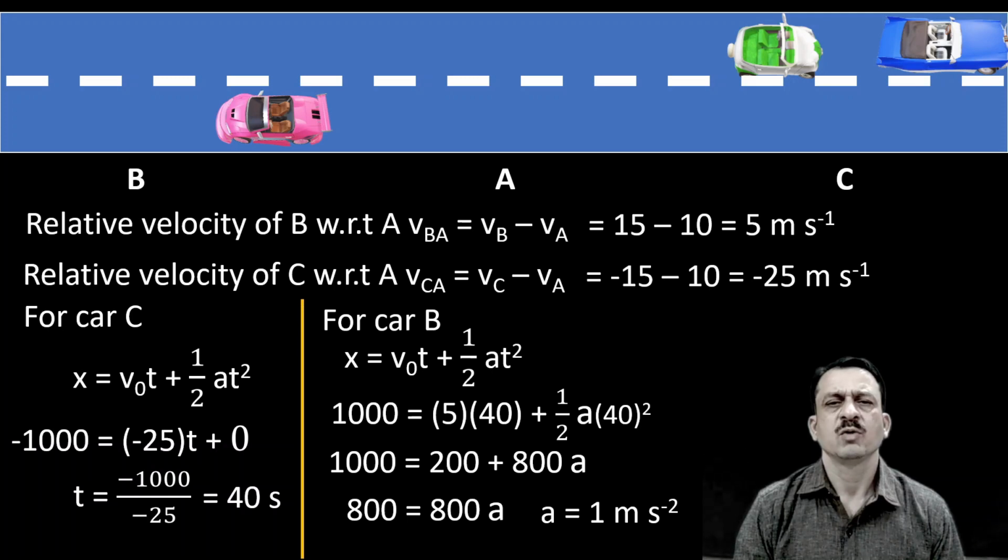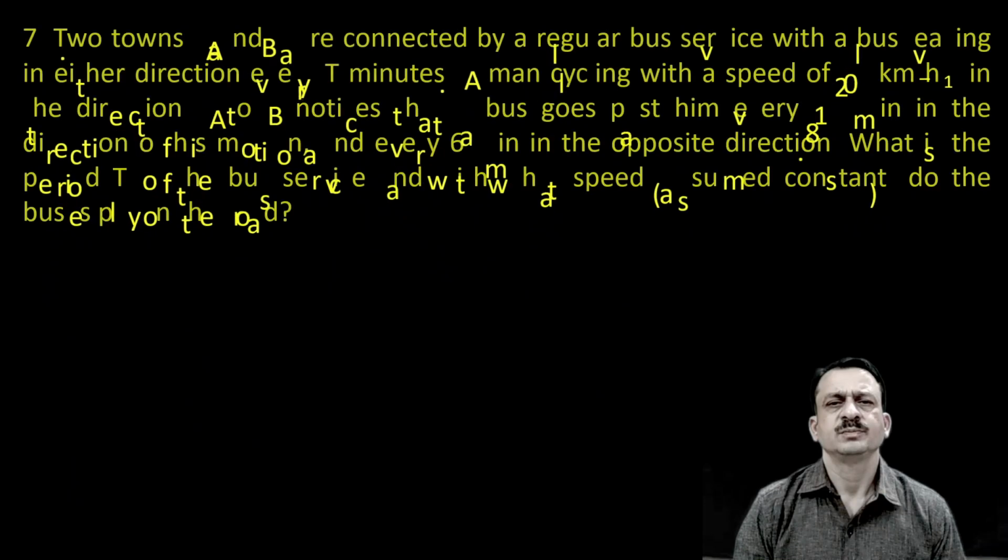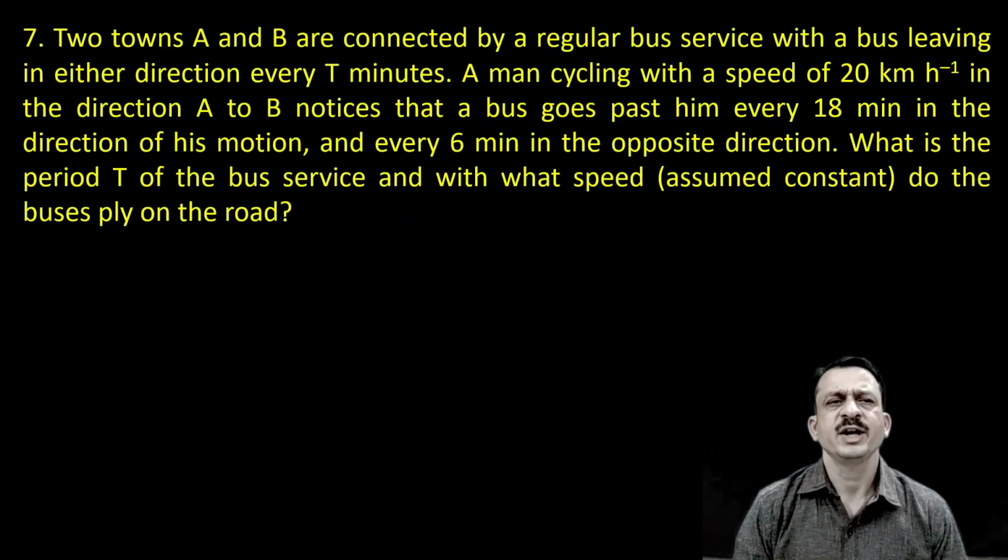Like this we will work out problems. Now the next problem. Two towns A and B are connected by a regular bus service with a bus leaving in either direction every t minutes.